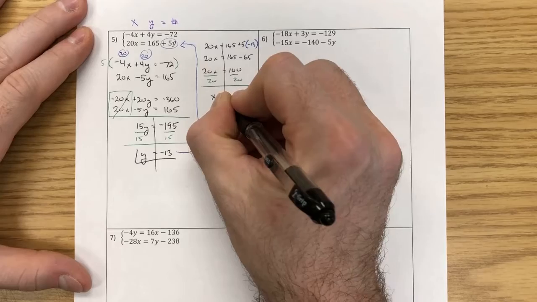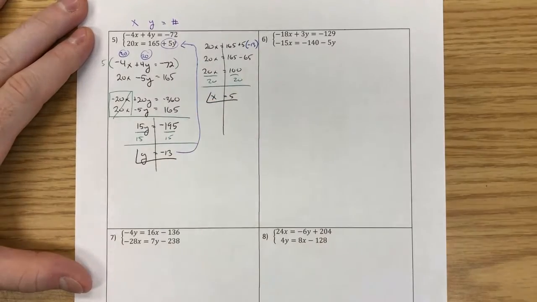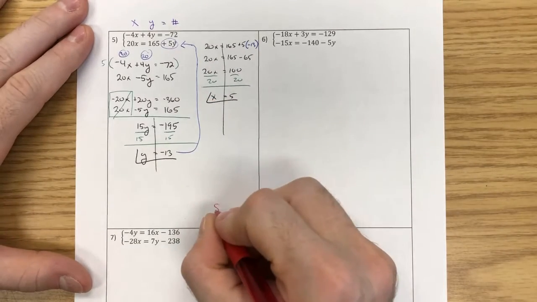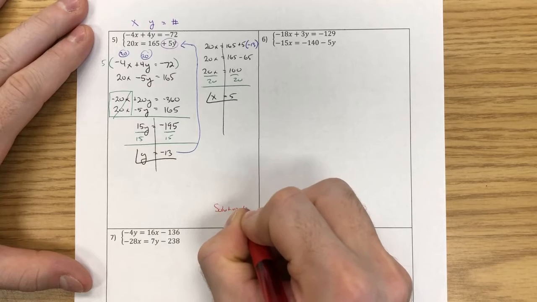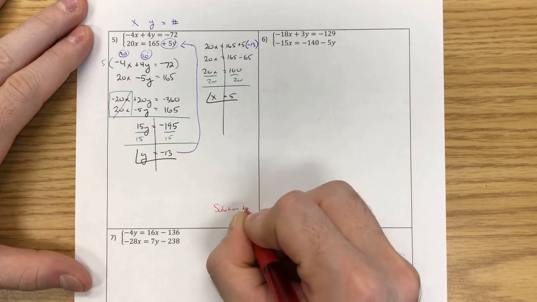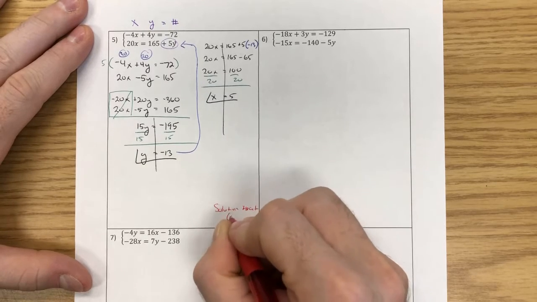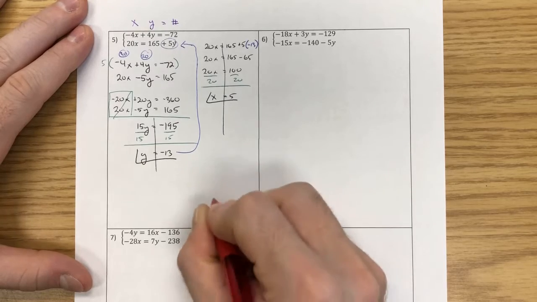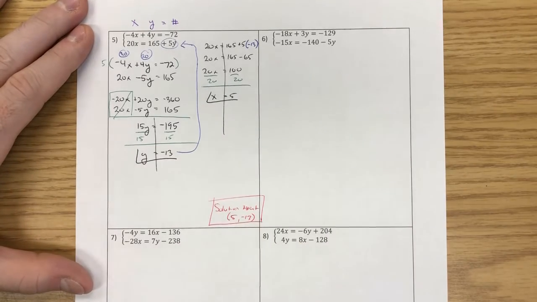We get x is equal to 5. And so we find out that the solution to our system is at 5, negative 13. There we go.